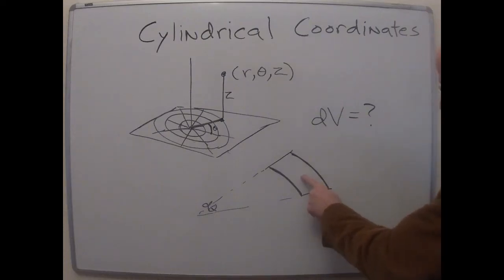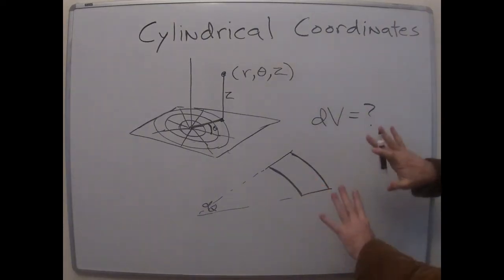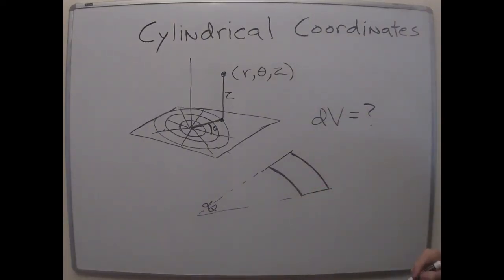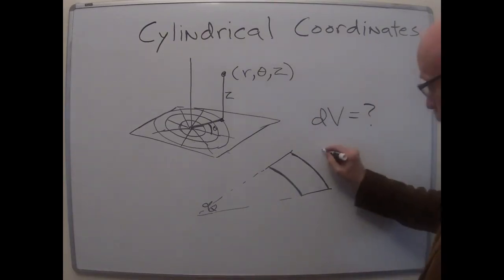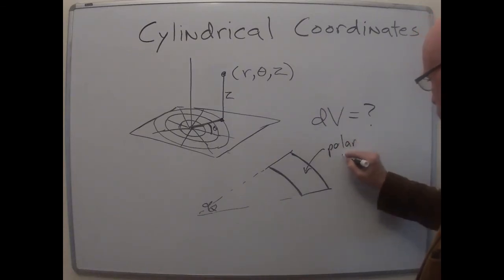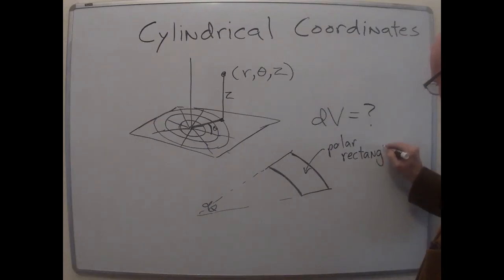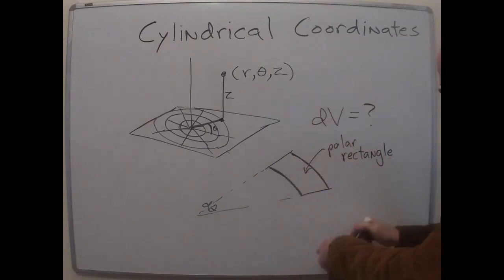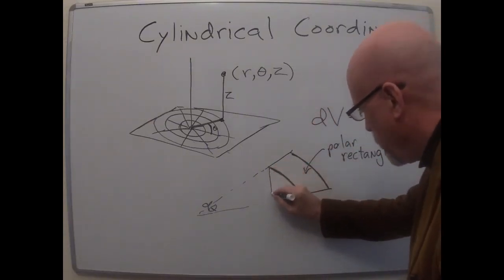So this thing that I've drawn so far, except that I'm trying to draw it in perspective, is a polar rectangle. If I give it some height, that's just taking that rectangle and either going up or down. I'm going to go down because I think it makes the picture look better.